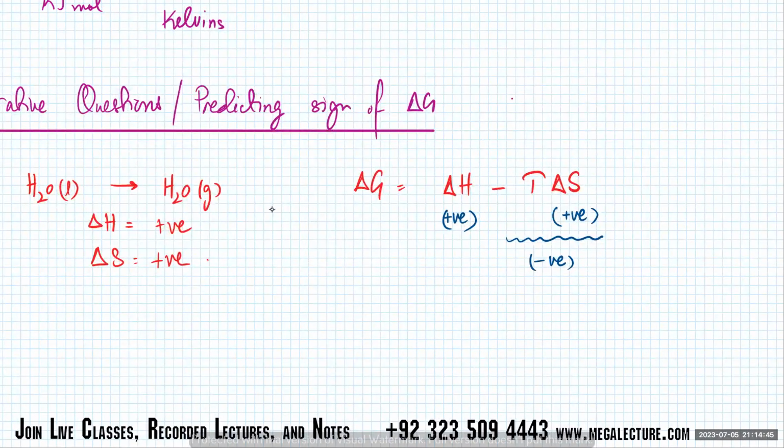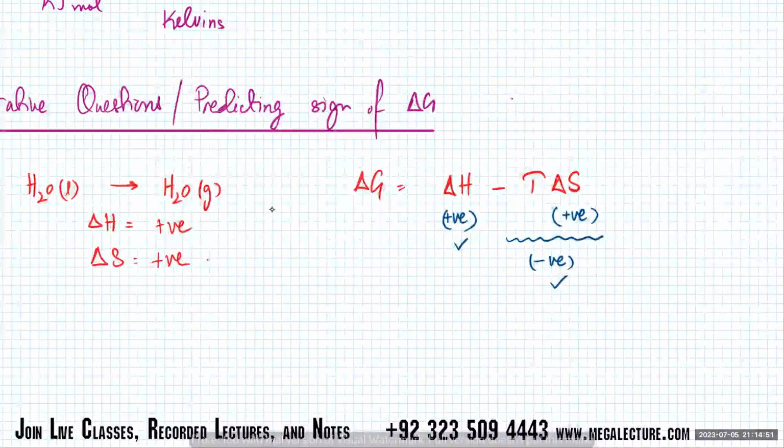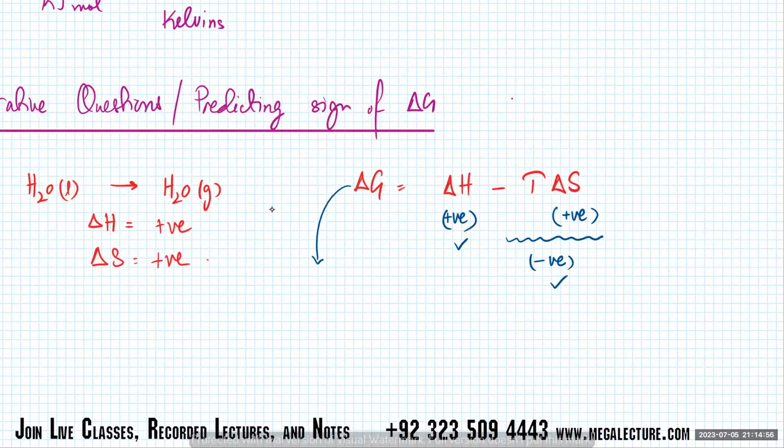So I've got two terms. I've got one term which is positive, and the other term which is negative. So when is delta G going to be less than zero, or negative? It can only be less than zero if the positive term is small and the negative term happens to be large.